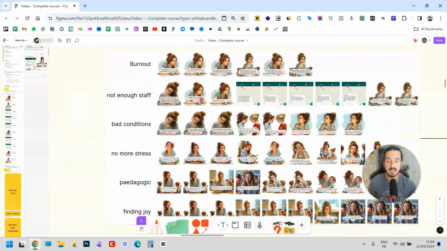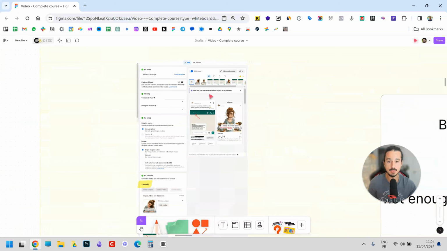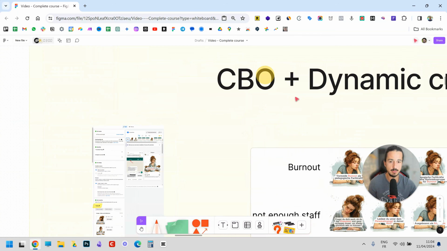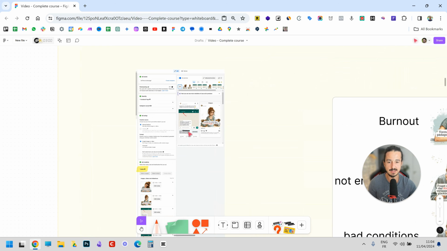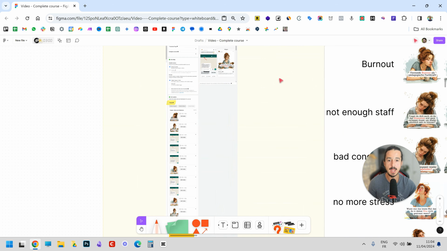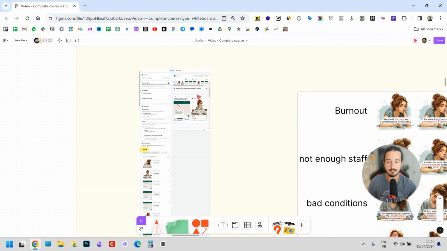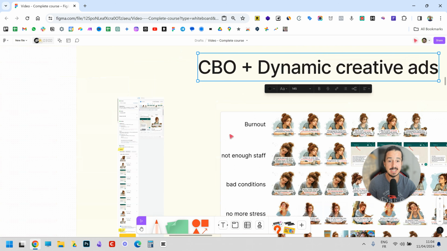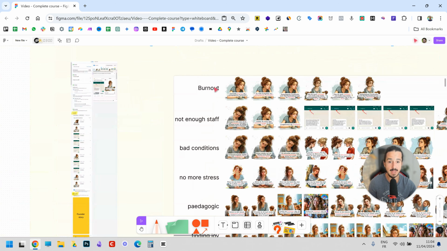Basically you have to know a little bit about Facebook advertising to understand what I'm going to say. But we are using a CBO campaign, and then we have different ad sets with the CBO campaign. Within the CBO campaign, each ad set is an angle.